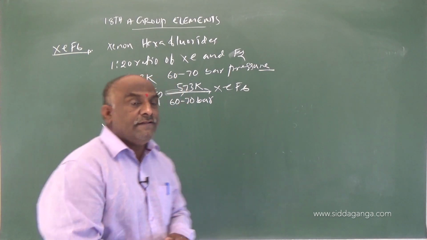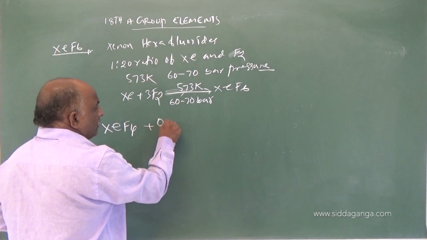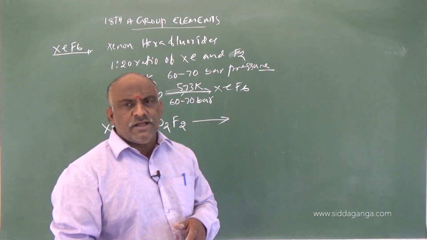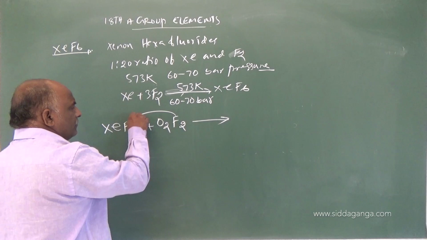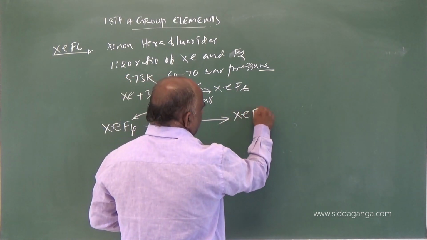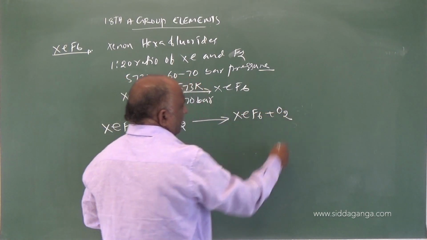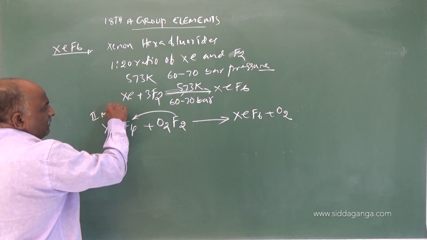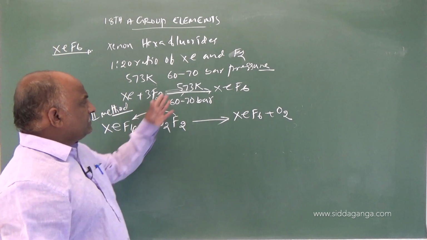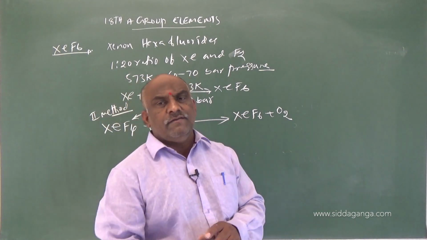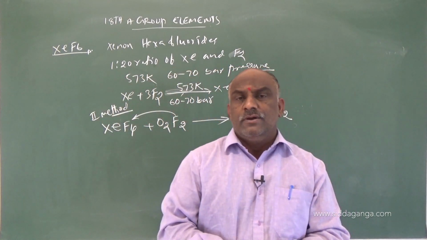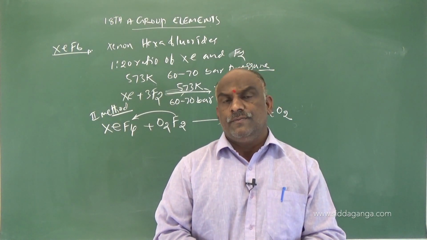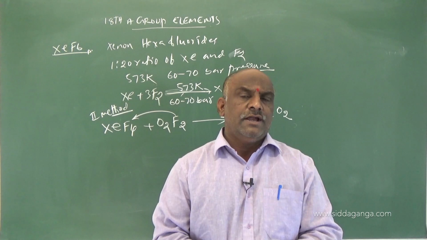Xenon tetrafluoride is treated with O2F2, dioxygen difluoride. Simply add F2 to this side and we will get XeF6 plus O2. This is the second method of preparation of xenon hexafluoride. The common point in the first method is 573 Kelvin temperature, 60 to 70 bar pressure, and xenon combined with fluorine in a 1:20 ratio.